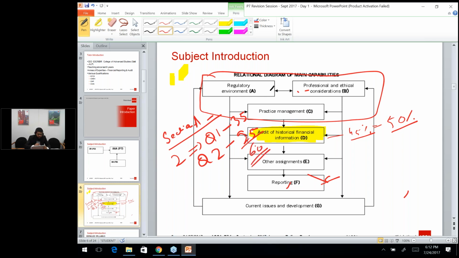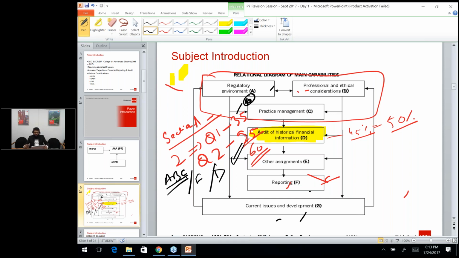In the majority of cases, the examiner tests section D in question number 1. For question number 2, at times the question could be from section D, at times from section F, or at times a combination of sections A, B, C. So it's not certain, but question number 1 is certain to test section D of the syllabus. This constitutes the 60 marks area of the syllabus, which is question 1 and question 2.